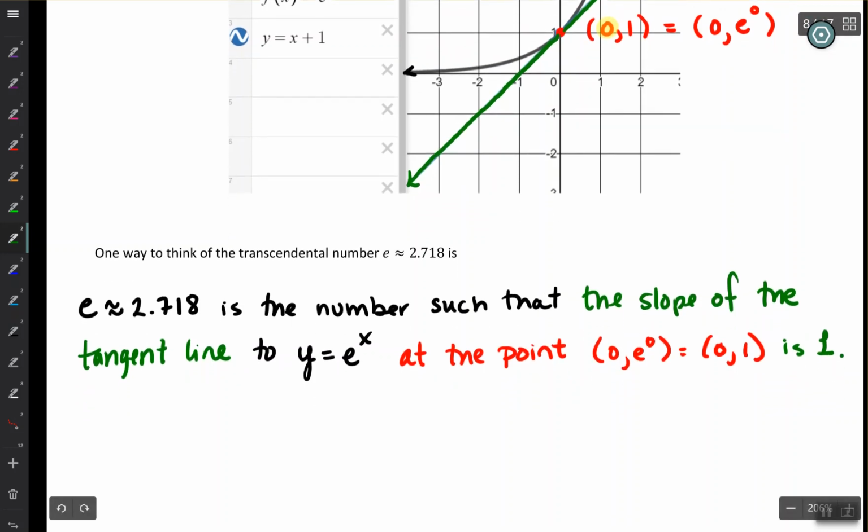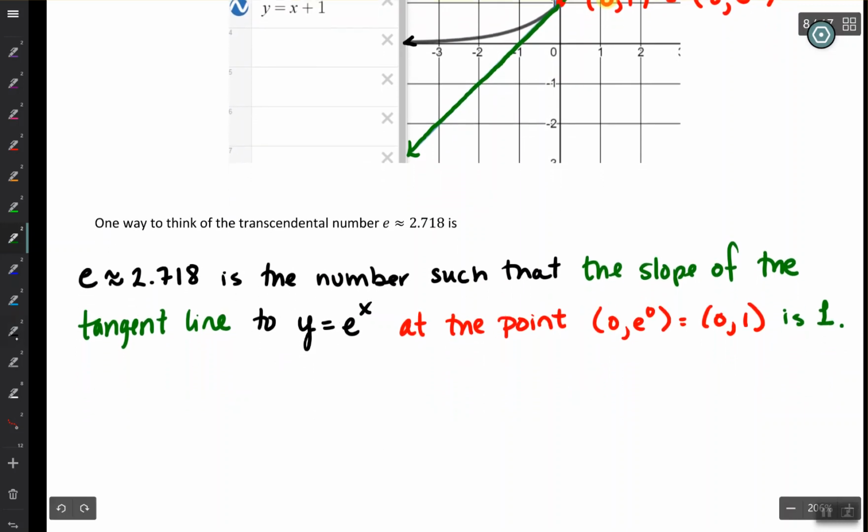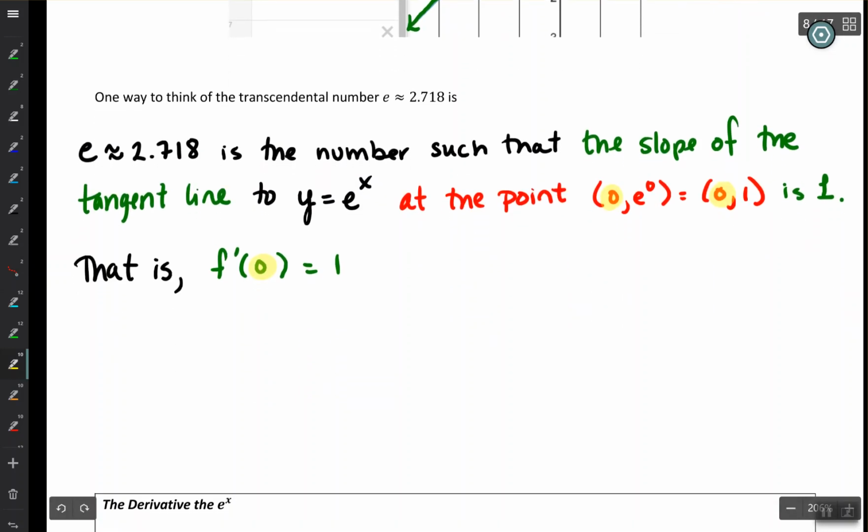We can get a limit definition of e that way, because what we're saying is f prime of 0 is 1. When I say the slope of the tangent line at the point 0, 1 is 1, I'm saying that the derivative when x is 0 is 1. What is the definition of the derivative at 0?